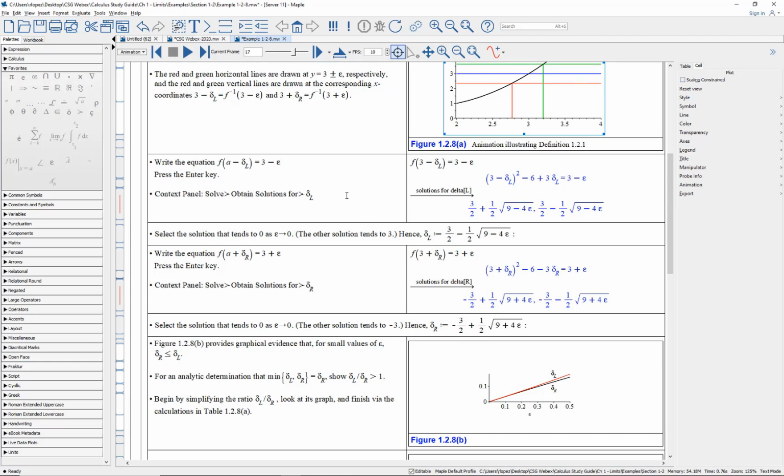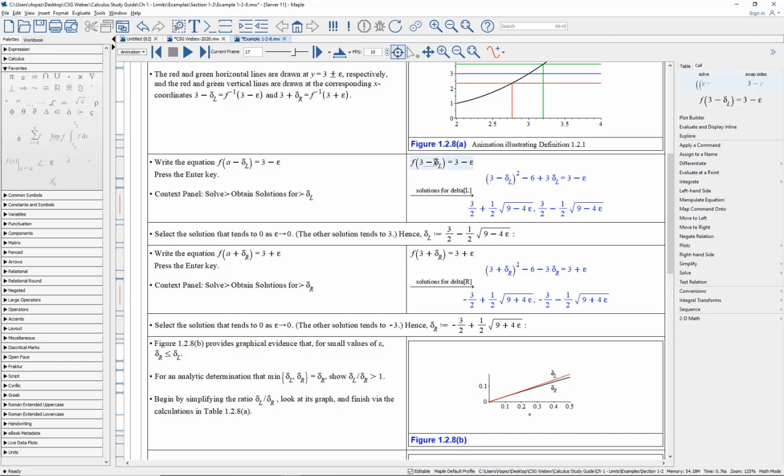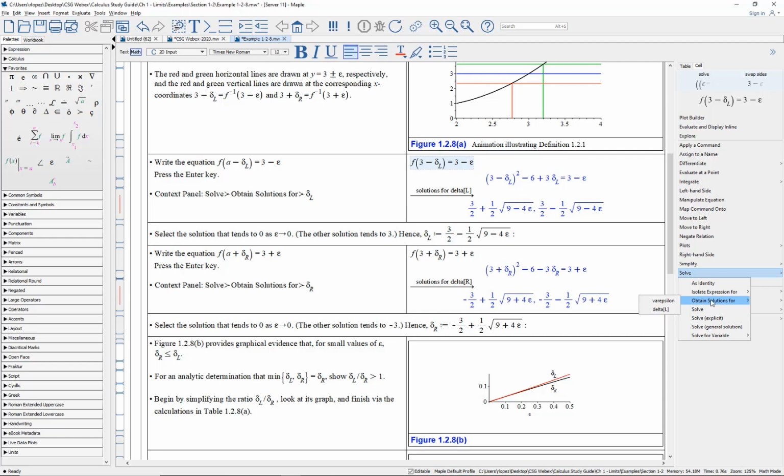We find those solutions by writing the appropriate equation, and we use the context panel as a solve option. You can solve with various strategies, and here we have obtained solutions for, and we want either delta L or delta R. Then we need to find the smaller of the 2.